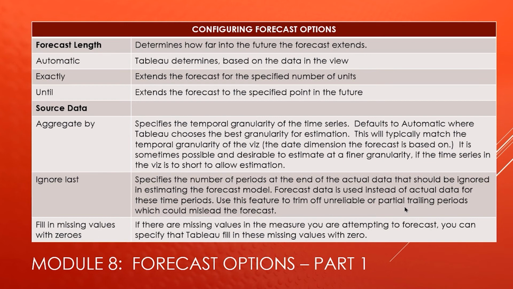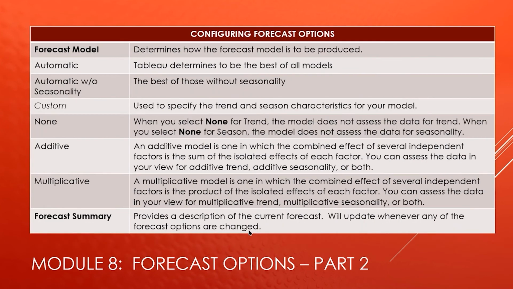You use this feature to trim off unreliable or partial trailing periods which could mislead the forecast. Then you have the option to fill in missing values with zeros. So if you are missing values in the measure you are attempting to forecast, you can specify that Tableau fill in these missing values with 0.